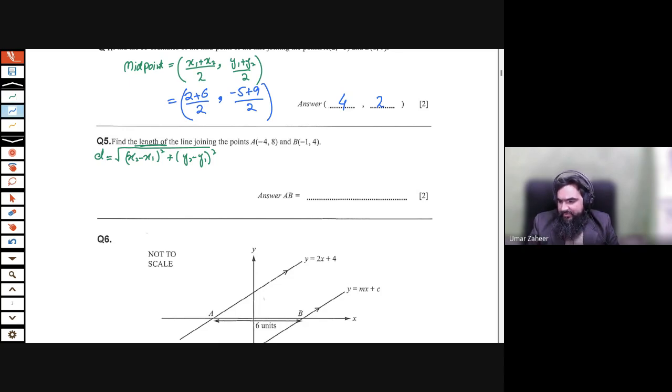So let's substitute the values. Let's say this is point x1, y1, and this is x2, y2.